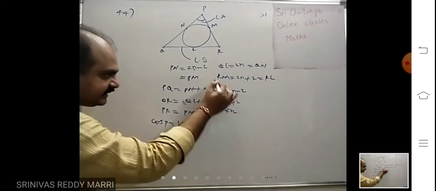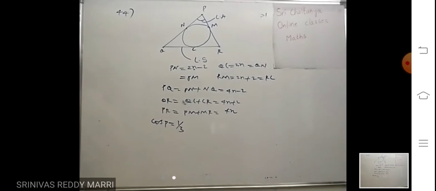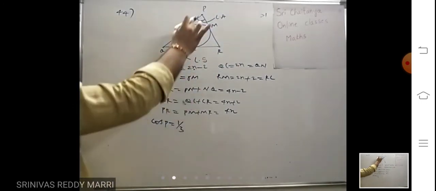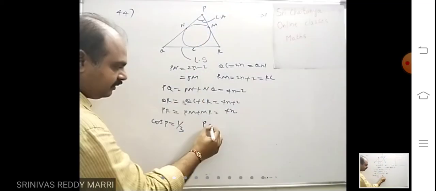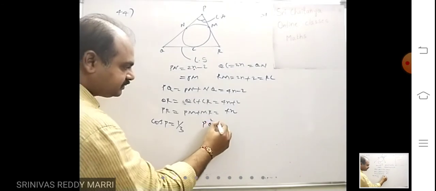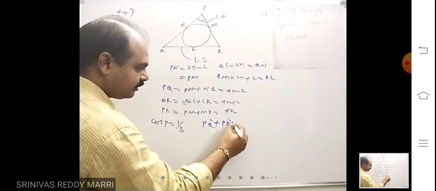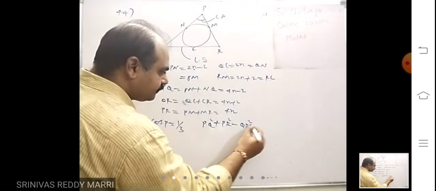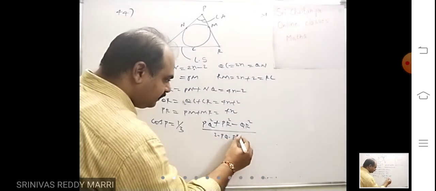For calculating the sides, you need n. I am writing cos P because I know these three sides. We write cos A equals b square plus c square minus a square divided by 2bc. Similarly, cos P is PQ square plus PR square minus QR square divided by 2 into PQ into PR.